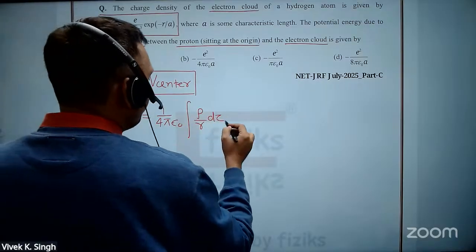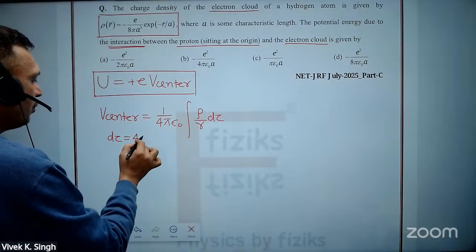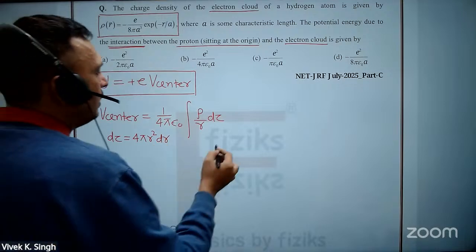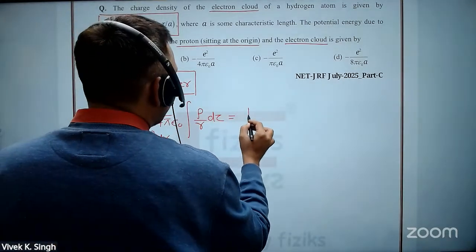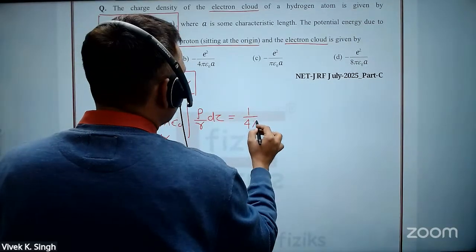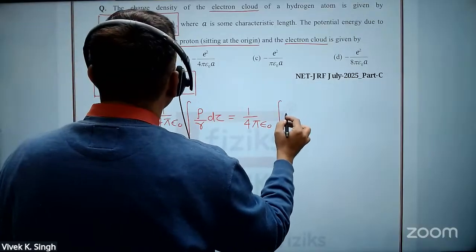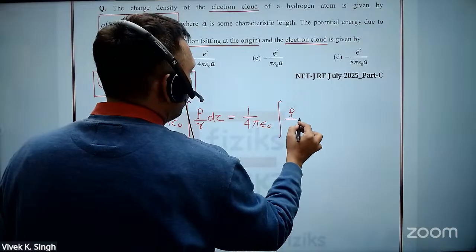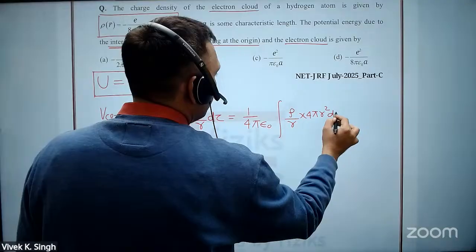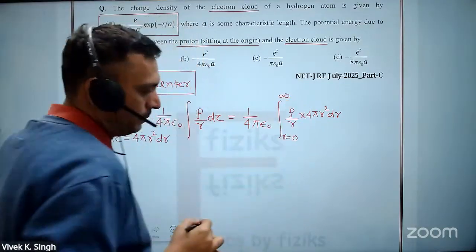So d tau in spherical symmetry, we will take it as 4 pi r square dr. So you can write it as 1 by 4 pi epsilon naught, this will be rho by r into 4 pi r square dr, and then you should integrate it from 0 to infinity.